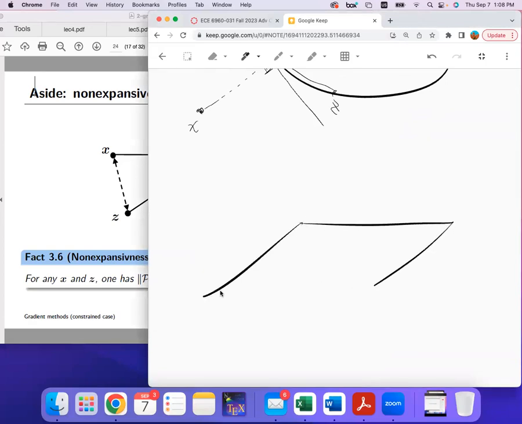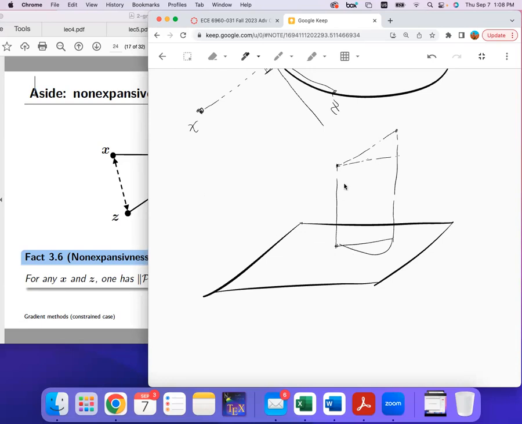There it is obvious, right? You have two points. Now you project them onto the hyperplane. Imagine this point is higher than this point. So this is the distance between your projected points.